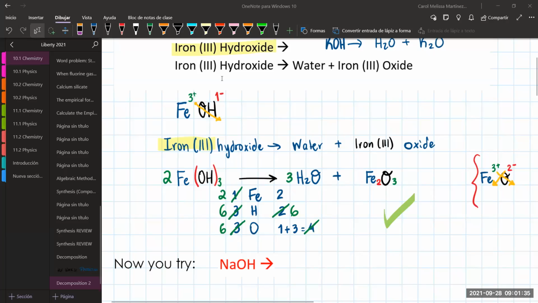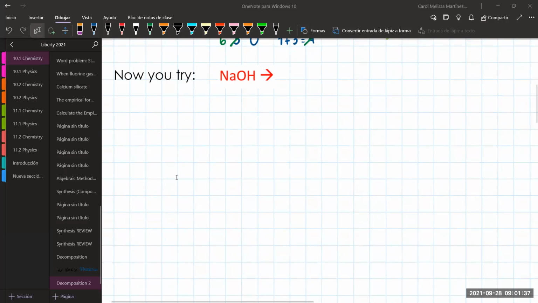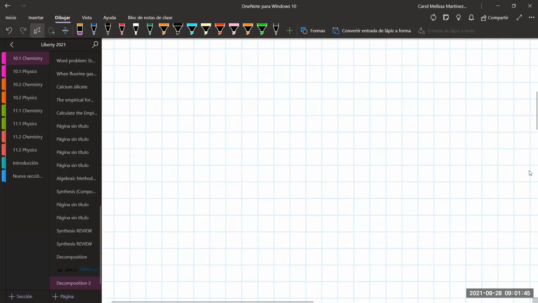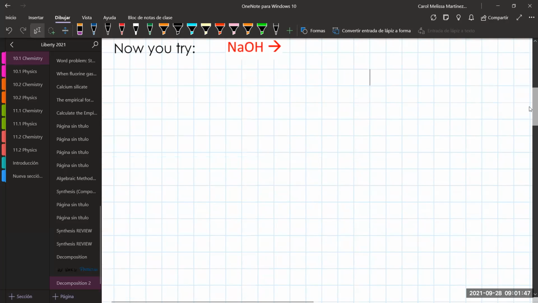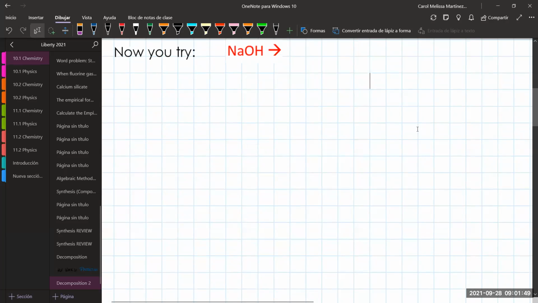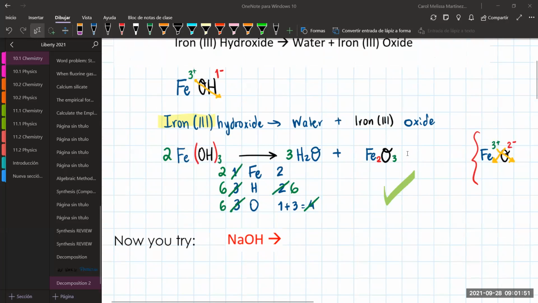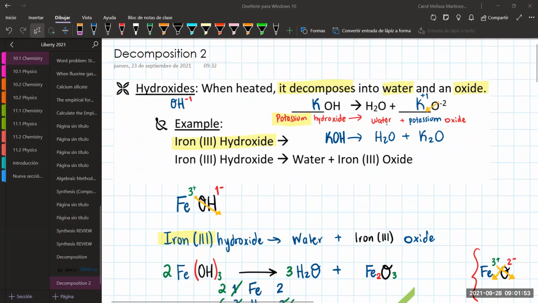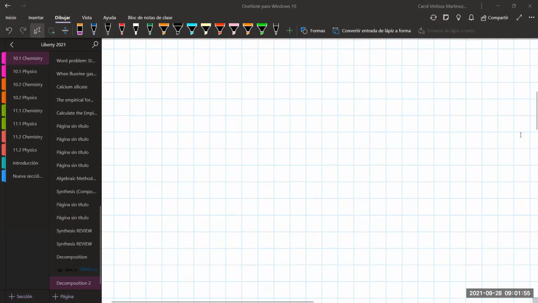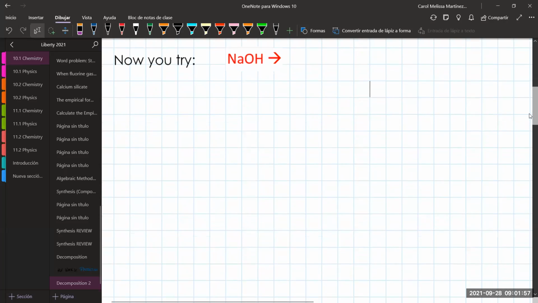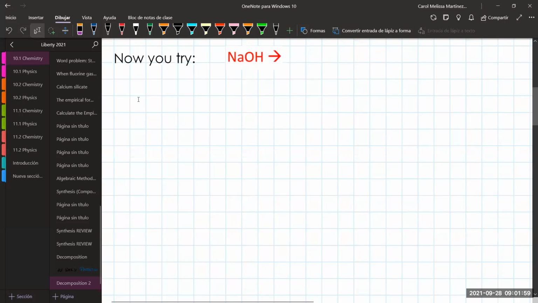Okay, since there are no doubts, I want you to try this exercise. In this moment in your notebook, predict the product now. Remember to follow the rule, okay? The rule is water and oxide, the product. So predict the product and do not forget to balance.